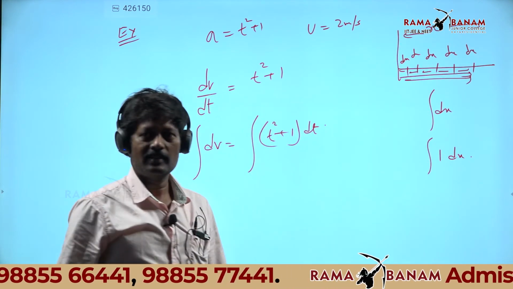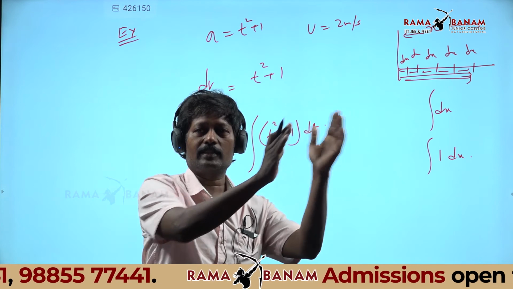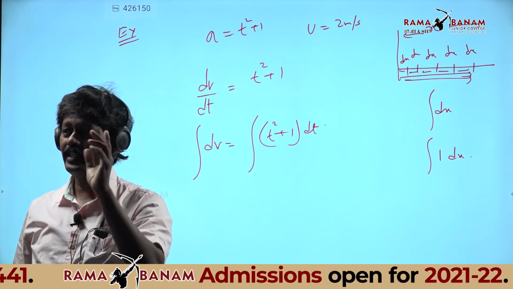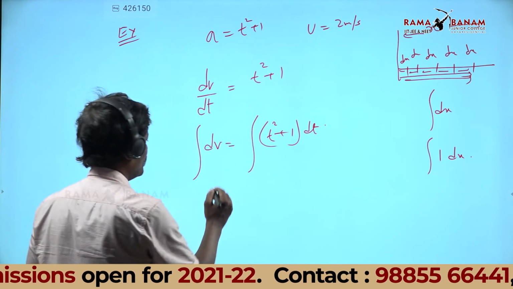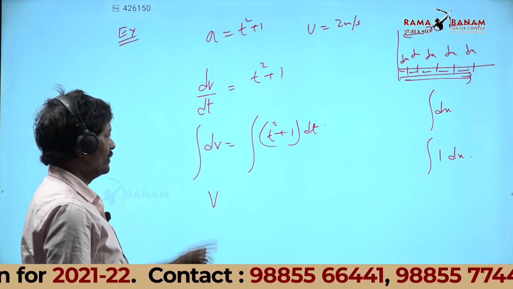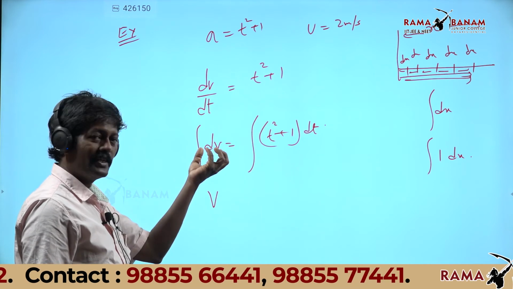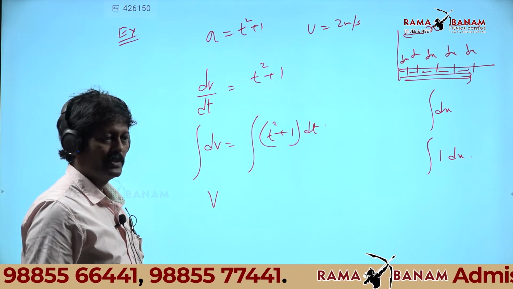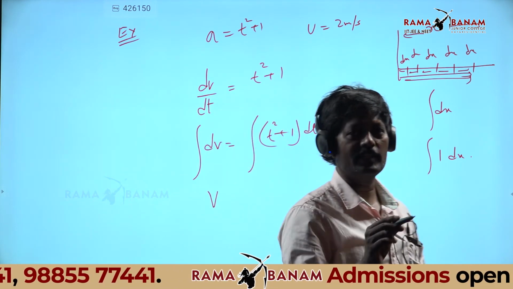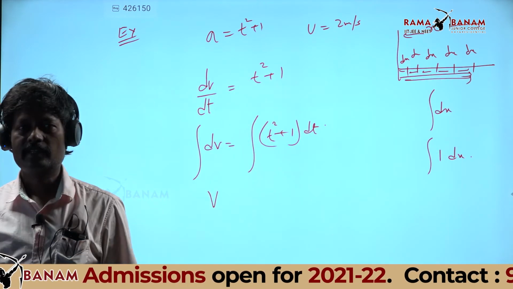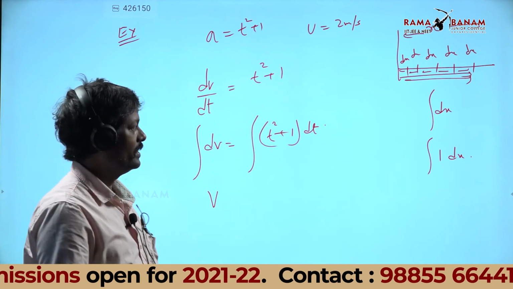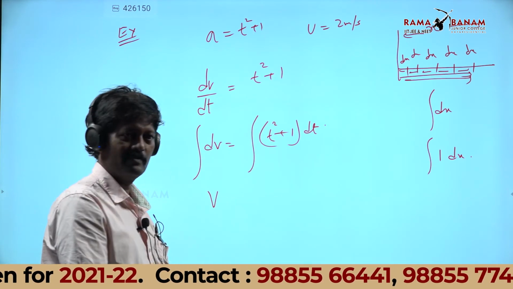Dx plus dx plus dx, if you add up, you will get x. Similarly dv plus dv plus dv, integral dv is v, the total velocity. So integral dv means v, integral dt means t, integral dx means x.